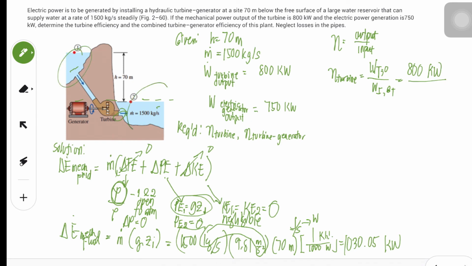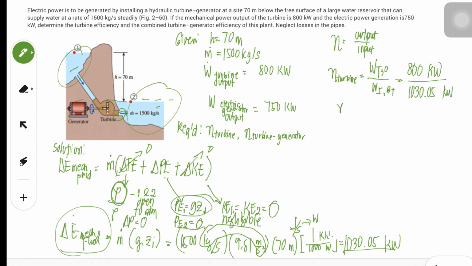Since we are talking about fluid, the mechanical energy of the fluid is our input, 1030.05 kilowatt.